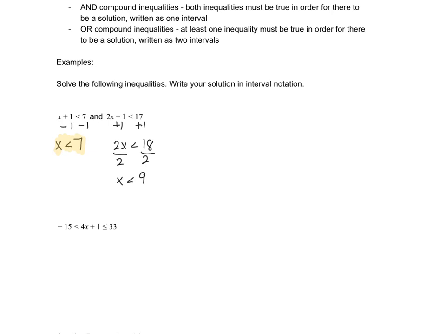So the inequality I'm going to use for my solution that is true for both inequalities is x less than 7. So the interval notation for x less than 7 is parenthesis negative infinity comma 7 parenthesis. And this is a very special case where we're not going to write it as 7 comma 9, because both of our inequalities are going the same direction.